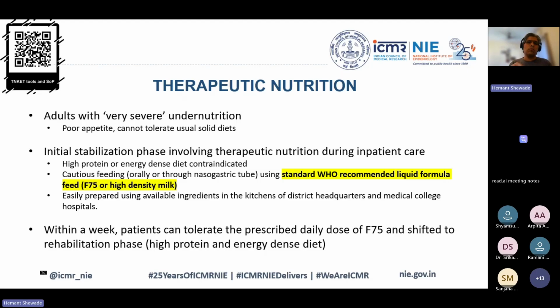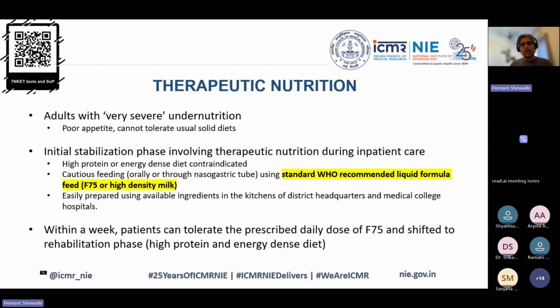Therapeutic nutrition is in the form of cautious feeding using WHO recommended formula feed that can be easily prepared in the hospital kitchen using available ingredients that we already have. For more details, please scan the QR code. It has all the details about preparing therapeutic nutrition, how to provide it, the F75 clinical tracking tool, and all those things are available.